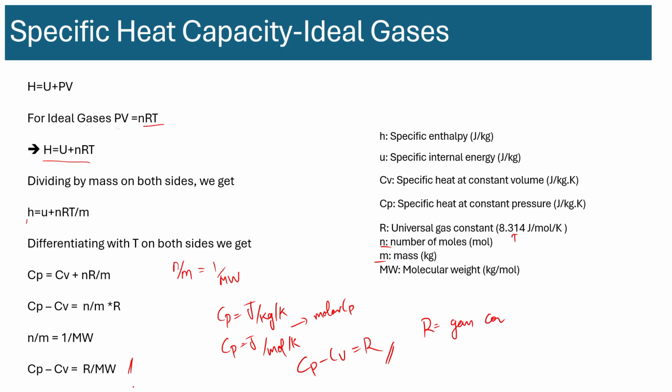Okay, so when you multiply the molecular weight to Cp minus Cv, you get molar Cp. Okay, if you multiply molecular weight to Cp and molecular weight to Cv, you get everything in joules per mole per Kelvin. In that scenario, Cp minus Cv is R. If it is in joules per kilogram, then this equation is what results from this analysis. All right.